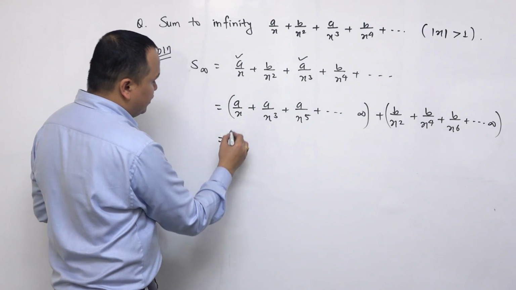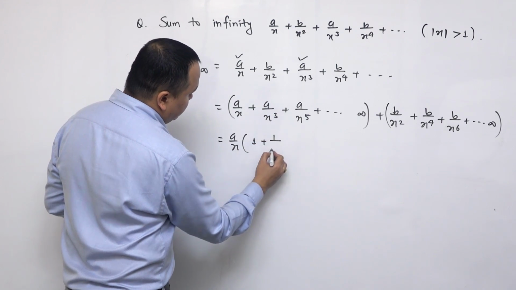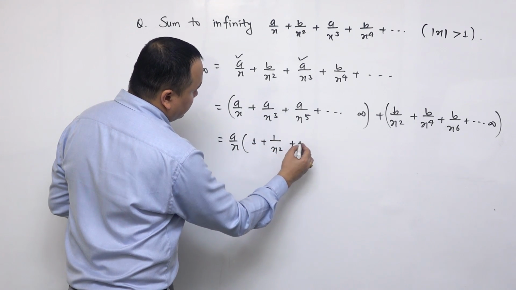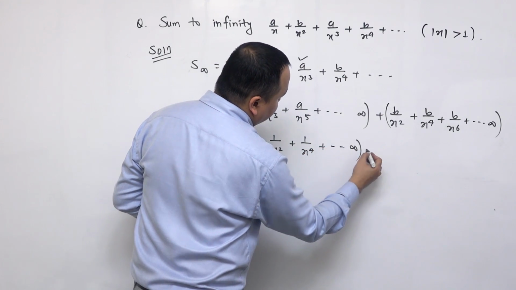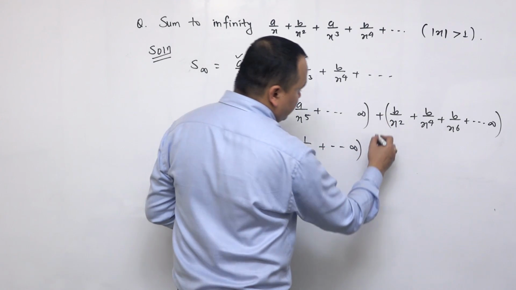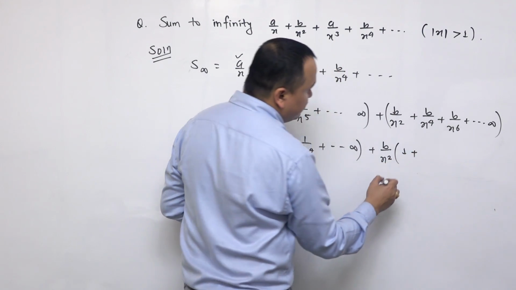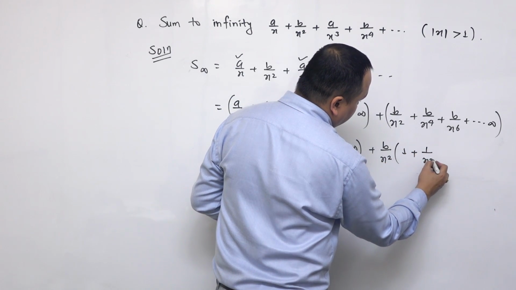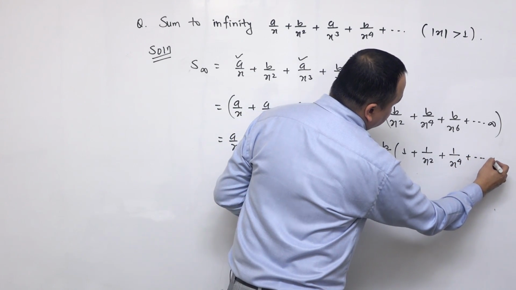Here a upon x is common, so it becomes 1 plus 1 upon x square plus 1 upon x to the power 4 plus dot dot dot to infinity, plus here b upon x square is common, then it becomes 1 plus 1 upon x square plus 1 upon x to the power 4 plus dot dot dot to infinity.